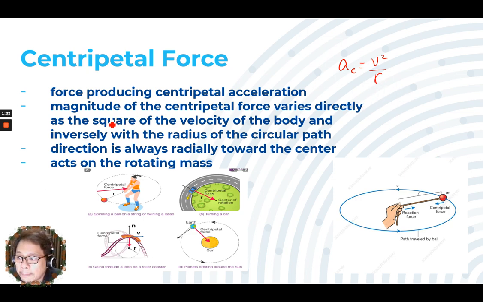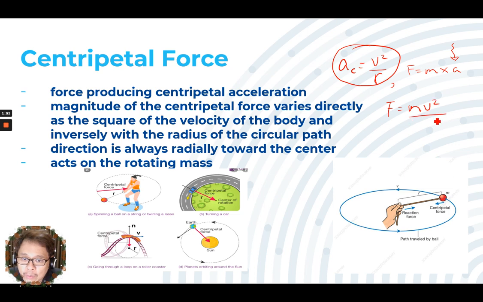Now for the centripetal force, using Newton's second law, F is equal to m times a, we substitute the equation for uniform circular motion, such that you have F is equal to m v squared over r. That's how you have this statement.